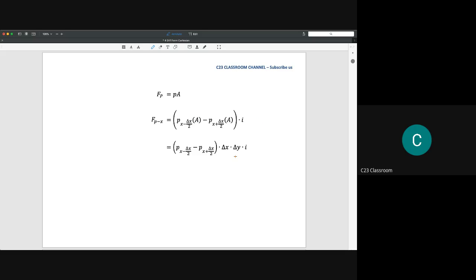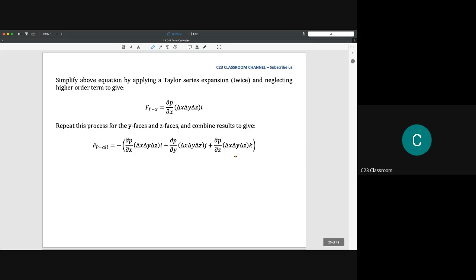And then what we do is, if we repeat this again and again, because we have so many surfaces, a surface on the X axis, a surface on the Y axis, and another surface on the Z axis, finally we sum all the forces. So we could get dP over dx for x, y, and z.